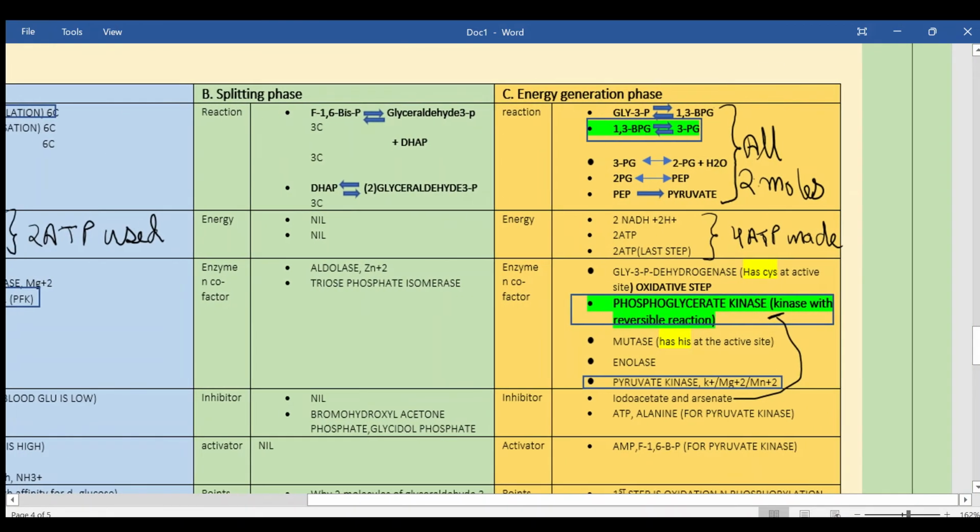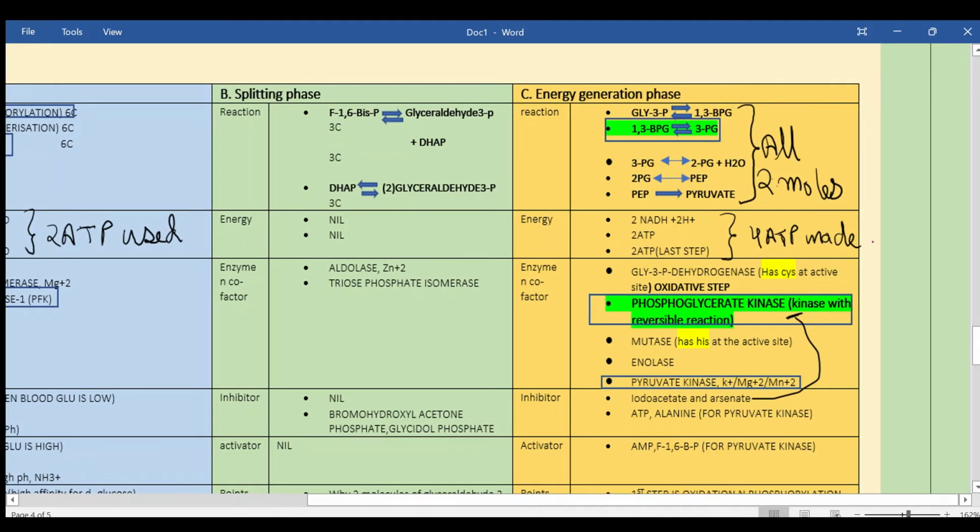So let's start. Energy generation phase means now energy will be produced, means ATP will be generated, we will get our ATP currency. Now the first step here is glyceraldehyde 3-phosphate, which is already derived during the splitting phase. As I have already told you, DHAP will convert into two molecules of glyceraldehyde 3-phosphate.